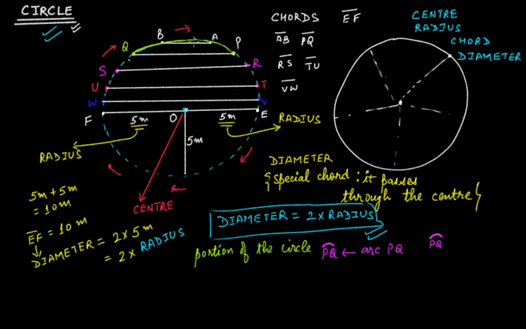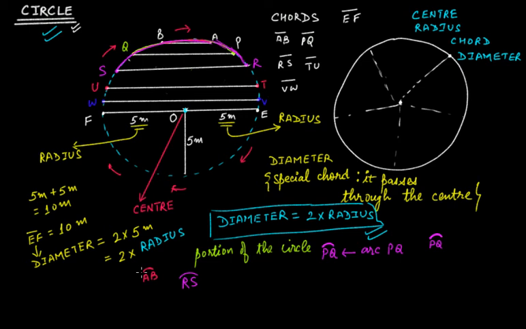Even if you take this point A and B, and focus on the portion of the circle formed by these 2 points, then this will be arc AB. If I take between R and S, this will be arc RS.